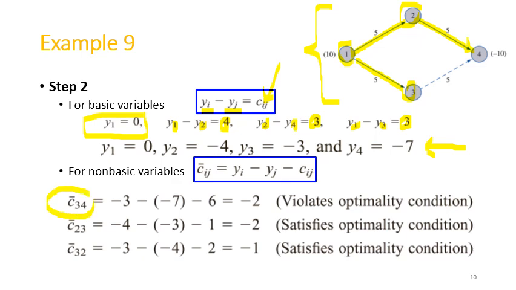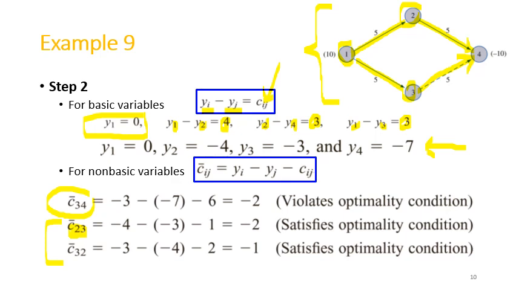This c hat 34 corresponds to the variable at the upper bound, and the other 2 correspond to the non-basic variables at the lower bound. For example, there's nothing flowing from 2 to 3, so x23 is a non-basic variable at the lower bound.